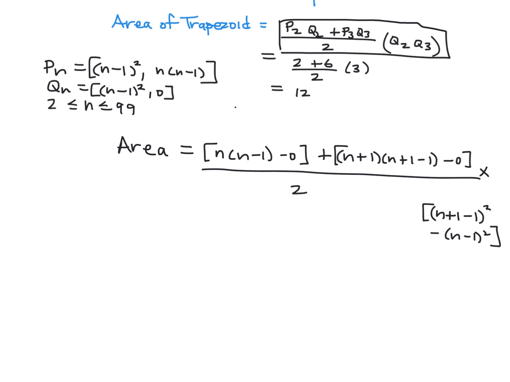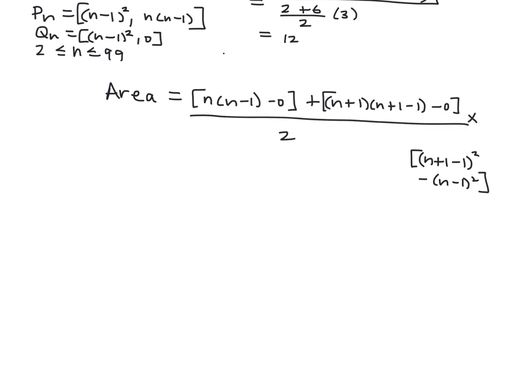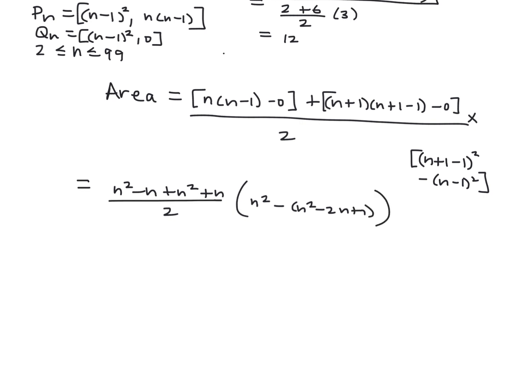All right. Okay, let's try to simplify, I guess. So we get (n squared minus n plus n squared plus n) over 2, and that's going to be n squared times (n squared minus 2n plus 1)... about a whole bunch of stuff here cancels.